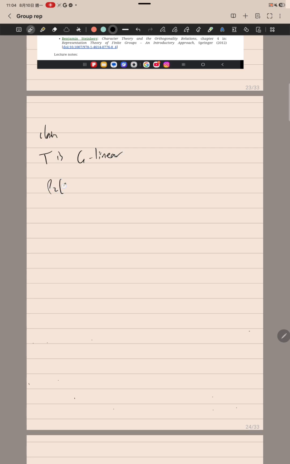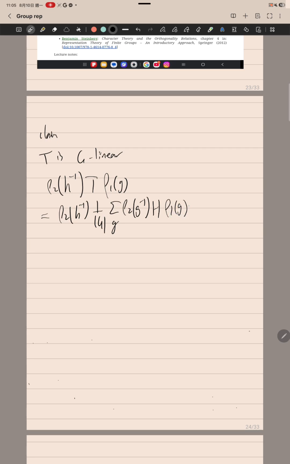Okay, so to prove this, let me just compute this. We can compute T times rho_1(h), so it is 1 over |G| times the sum over G of rho_2(G inverse) H rho_1(G) rho_1(h).